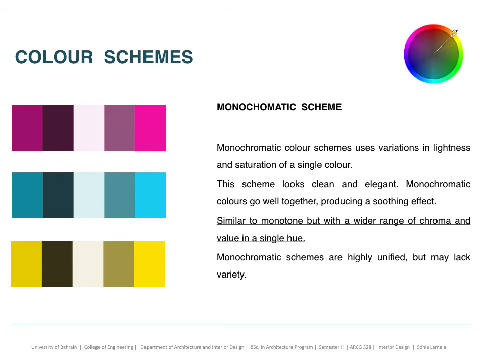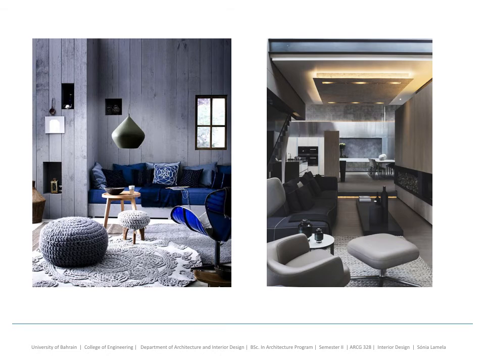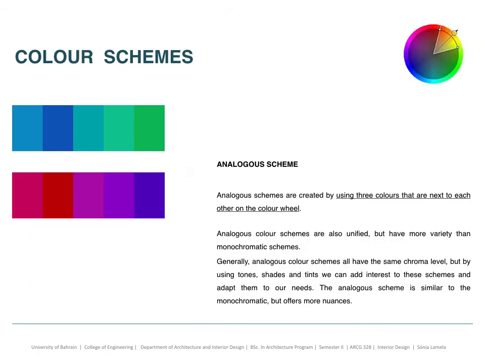You have the examples on the left where you see ranges of pink, blue, and yellow, from the lightest to the brightest, also with the darkest one in the middle. It's similar to the monotone, but with a wider range of chroma and value in a single hue. You have here some examples of two different color schemes.